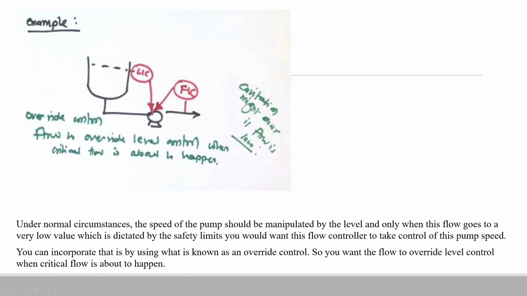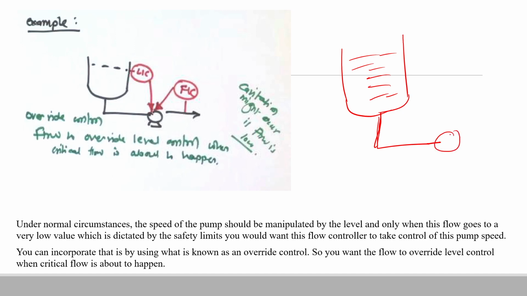So over here, let's just consider a level control of a tank, whereby we are controlling the level by using this pump. Basically we are controlling the output flow rate. So we are having a flow controller, that is, we will be having a level controller that will do nothing but manipulate the flow rate over here.